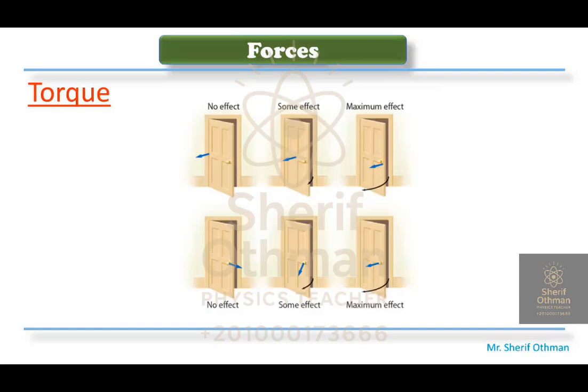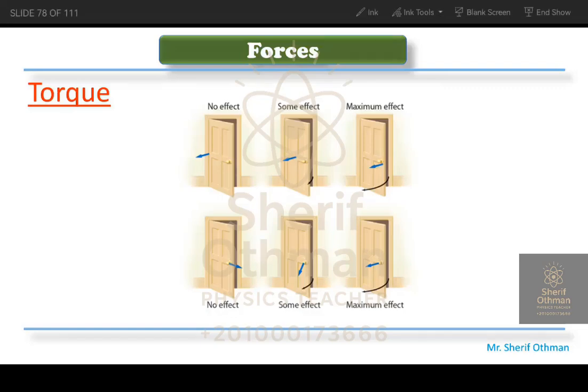One of them just beside this joint, the rotational point, another at the center of the door, and the last at the edge of the door. Which one provides greater rotation and makes the door rotate and open easily? I think the one at the edge.